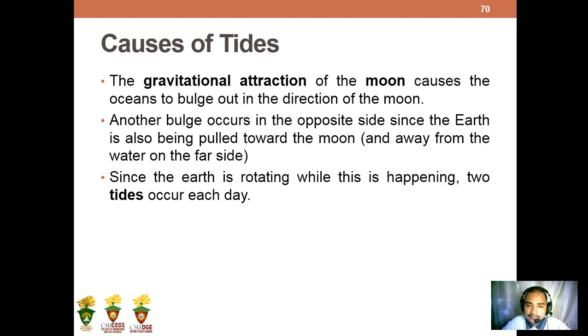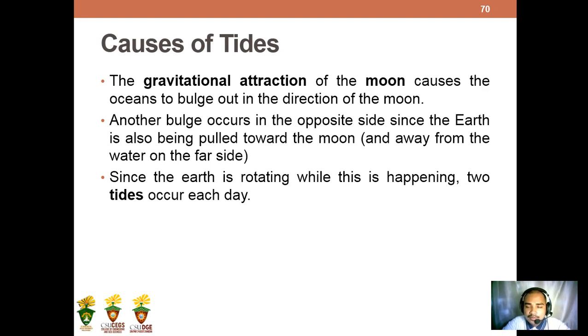The gravitational force is the reason why the moon is revolving around the earth, as well as the gravitational force between the earth and the sun, which is why the earth is revolving around the sun.